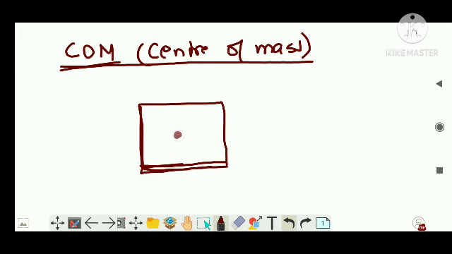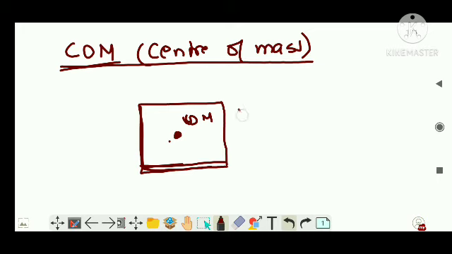This point is known as the center of mass, right? An arbitrary or imaginary point inside or outside the body where we assume that all the mass of the object is concentrated is known as the center of mass.